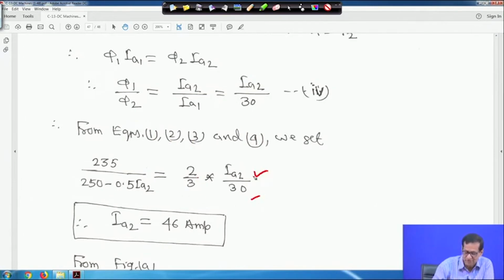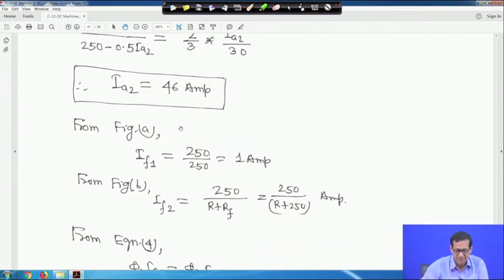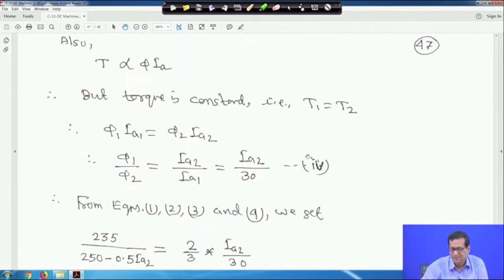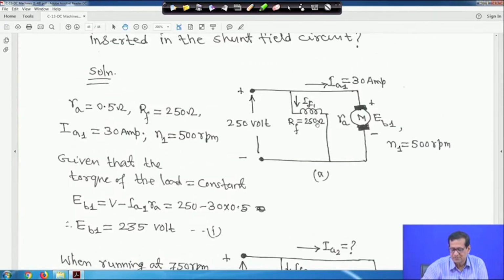So if you solve this quadratic equation, one solution may not be feasible and the answer will be Ia2 equal to 46 ampere, right. So a little bit of practice is necessary. Now from figure A we get If1 is equal to 250 upon 251 ampere, because if you look into this figure, this is your 250 volt and this is 250.